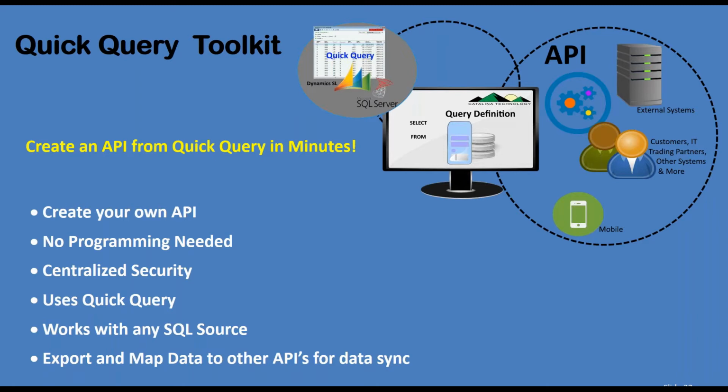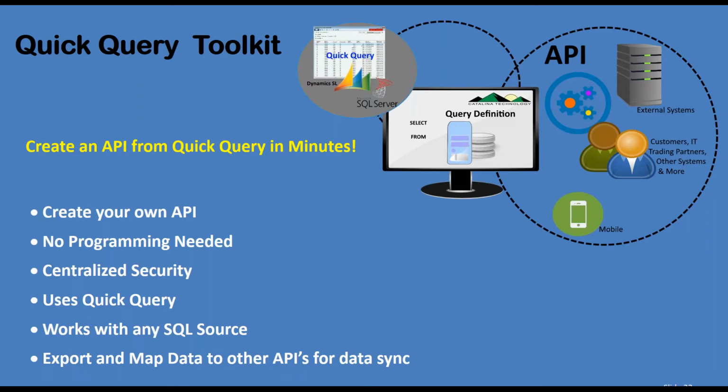Programmers may know this, but it means you can provide data to some outside source. Say a customer needs to download a price list into their AP system and doesn't have a lot of time to tweak and do their own mapping. They just need it in a special format. You can use Quick Query to define what data you want output, and then use our Quick Query toolkit to make it securely available to your customer.